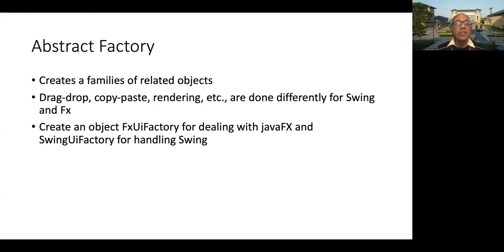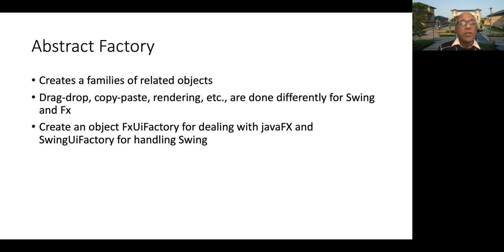we can create a family of related objects. In fact, families of related objects. When we get an Abstract Factory object, we are getting the ability to get a hold of many different types of objects that will do different things, but for a certain type of product.